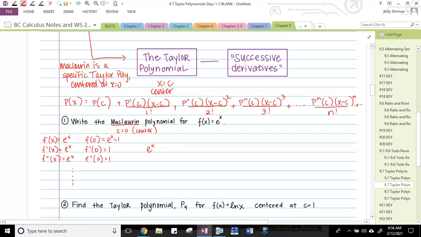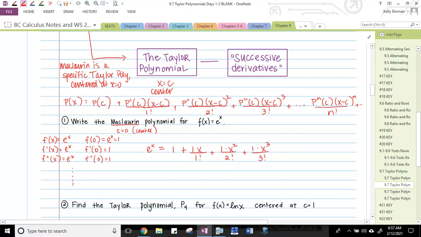E to the x is equal to, not approximately equal to, but equal to, the first term, when I evaluate it at 0, is 1, plus, it's technically 1 times, we're centered at 0, so 1 times x over 1 factorial, plus 1 times x squared over 2 factorial. Now, I don't normally write the 1. I'm doing this for your notes, and you probably should too.